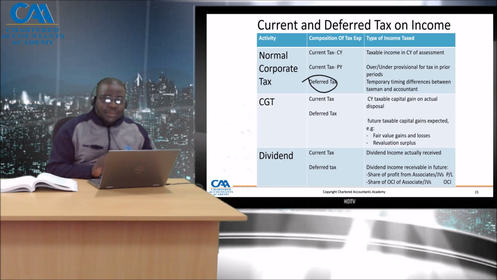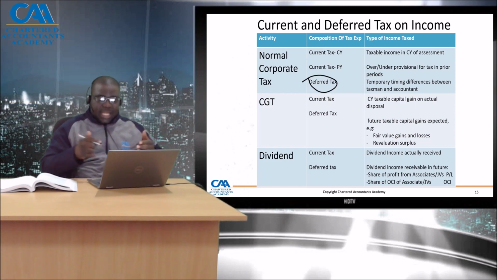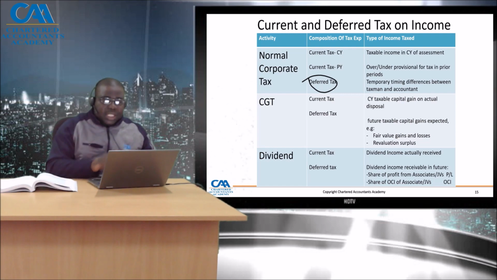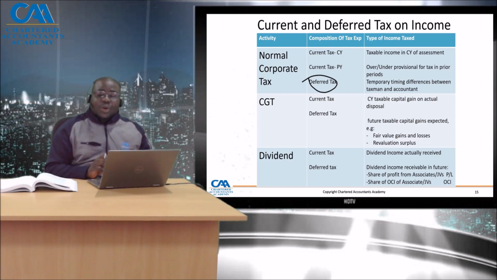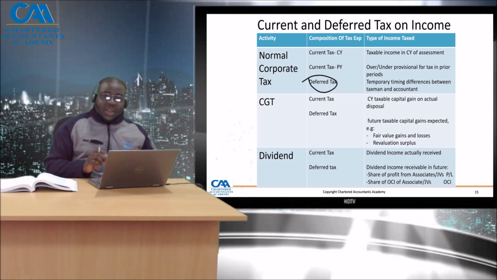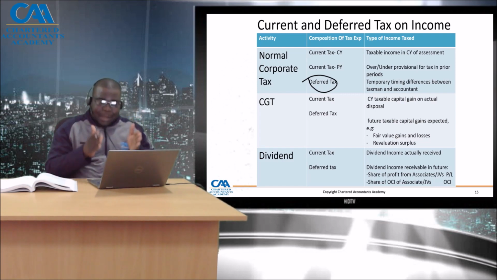The second part under normal corporate taxes, that part of the tax where the income or the expenses have been incurred in this period, but the actual tax payment to ZIMRA will happen in the future, which is what we call deferred tax. So, to emphasize again, for deferred tax, the event has happened now under accrual basis of accounting.